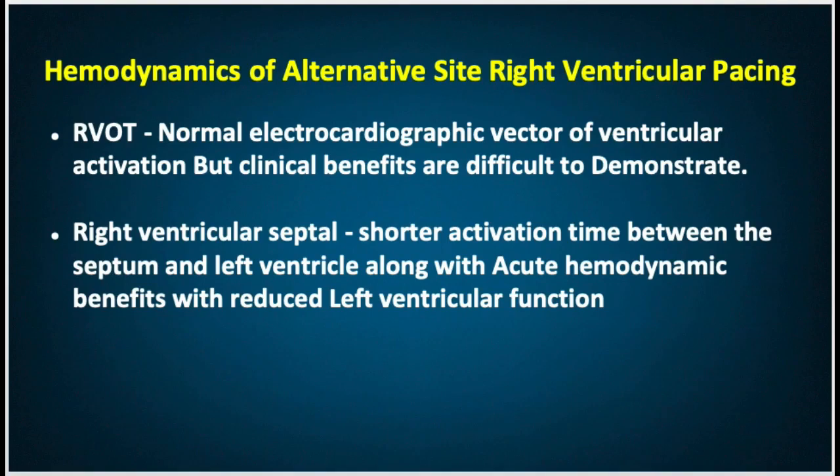Some studies have found significant acute hemodynamic advantages. However, several randomized controlled chronic studies have demonstrated either modest or negligible benefits to RVOT or multi-site right ventricular pacing compared to right ventricular apical pacing.